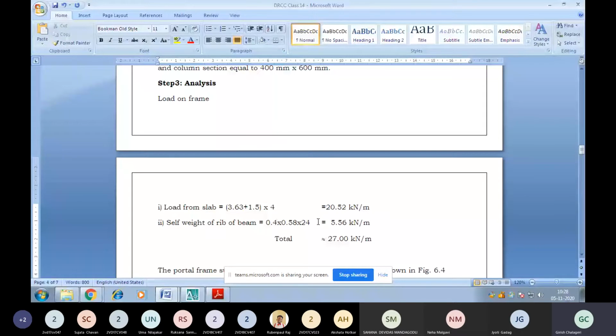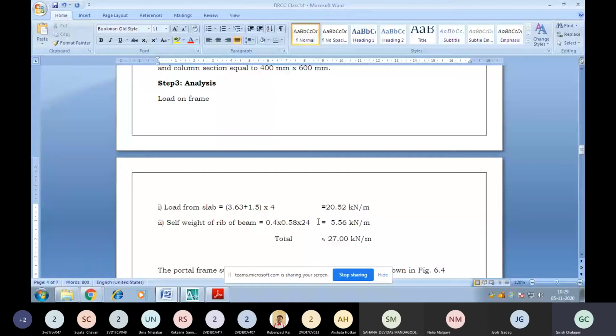So the total load on the beam will be dead load plus live load, that is 3.63 plus 1.5, that is 5.13, into 4, the spacing between the frames. So the total load from the slab will be 20.52 kilonewton per meter, acting as a UDL over the entire span of the beam.